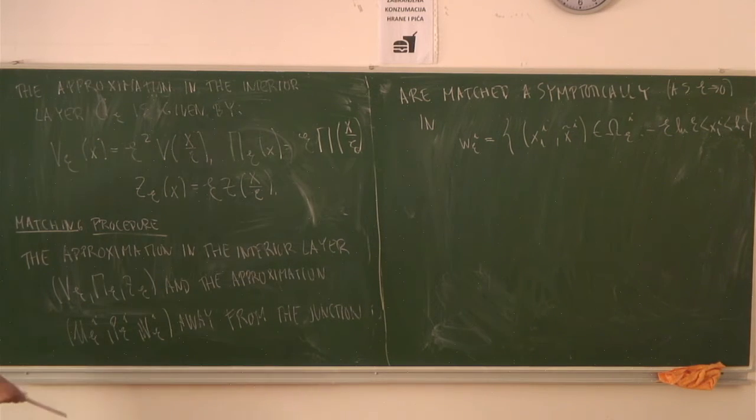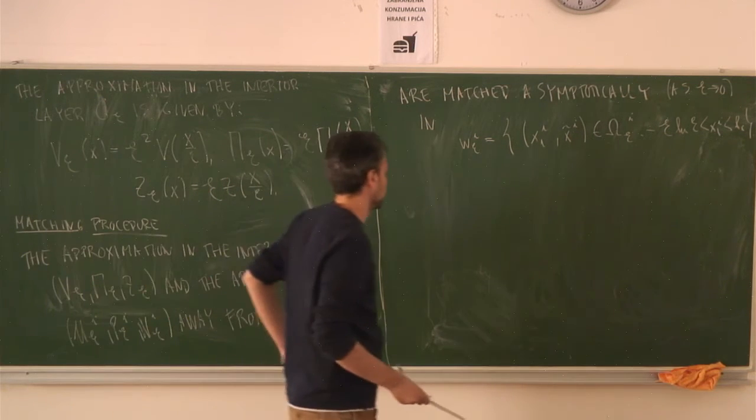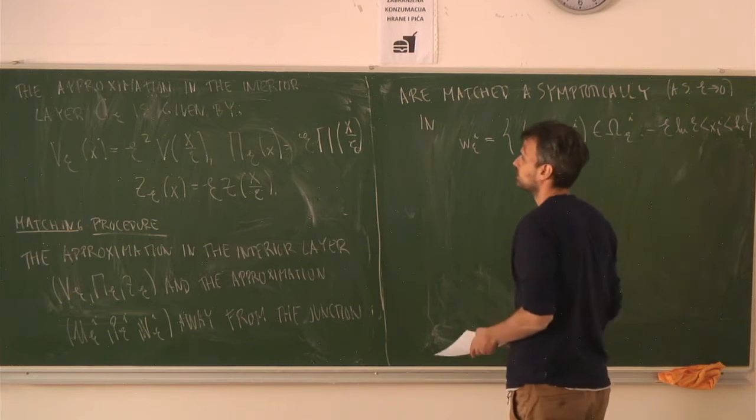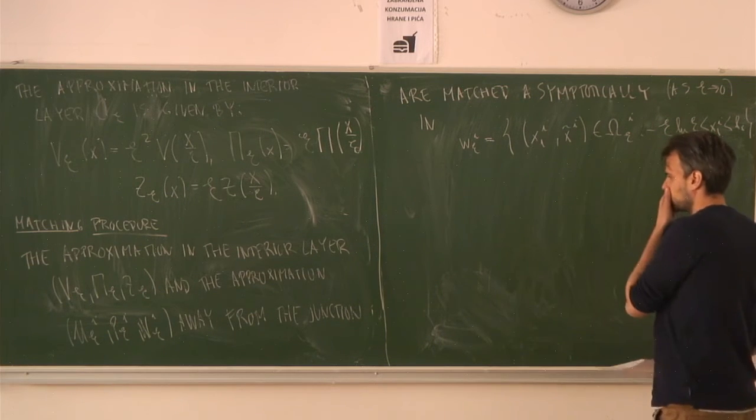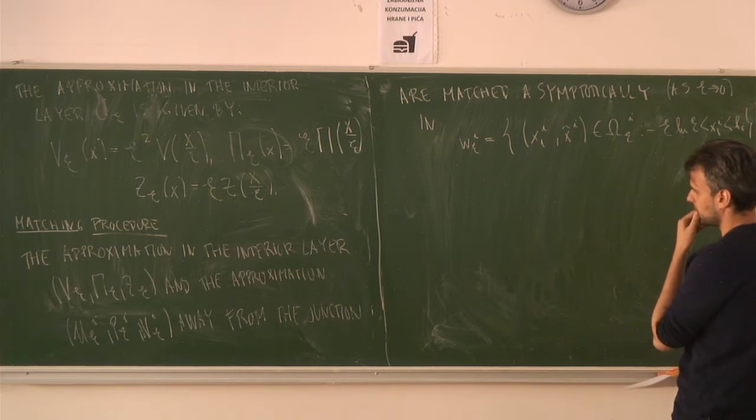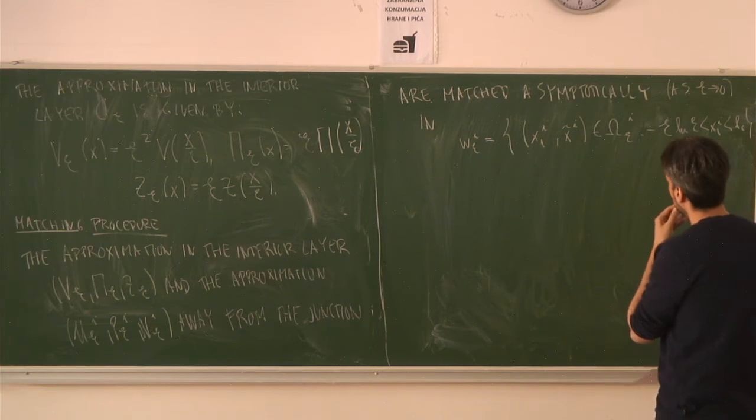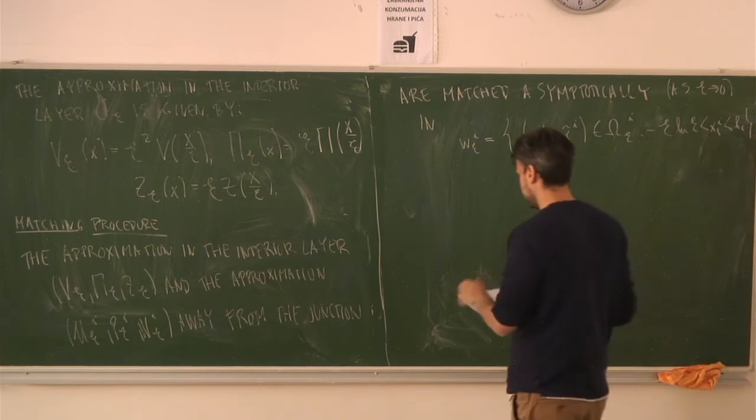However, you have the error on the interface between v epsilon I and g epsilon I. So you need to correct this, and you do this in a similar fashion as for the classical case, but let's repeat the idea.